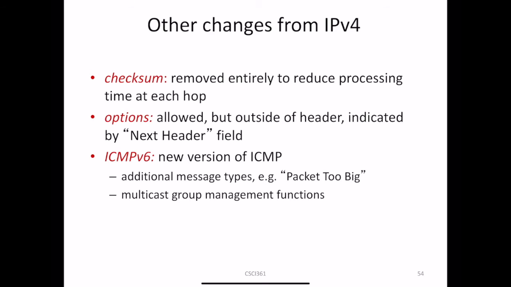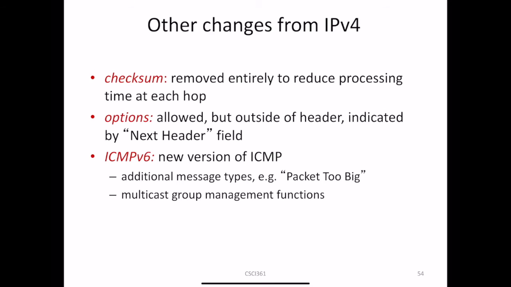And let's see other changes from IPv4. So the checksum will be removed entirely to reduce the processing time at each hop. Because the transport layer and the link layer, both of these layers, implement a checksum.